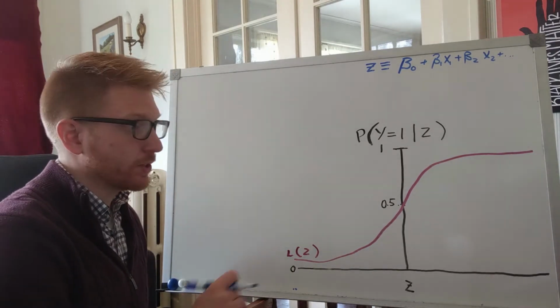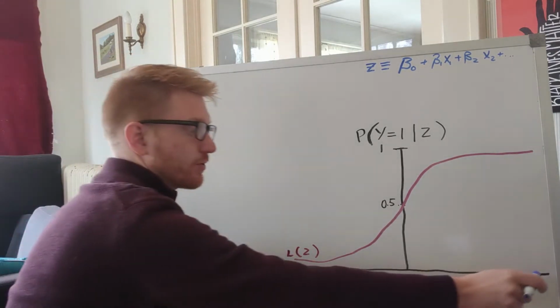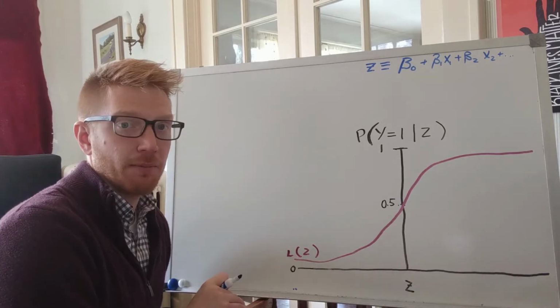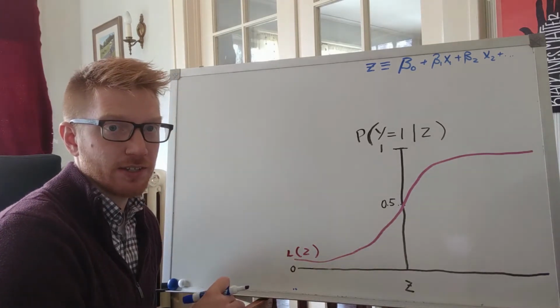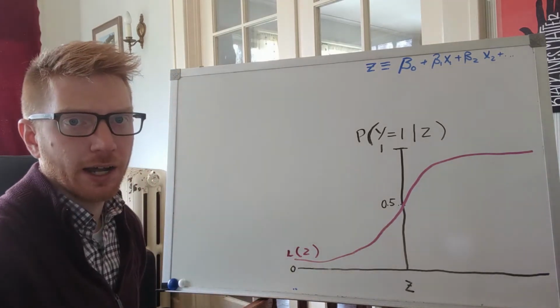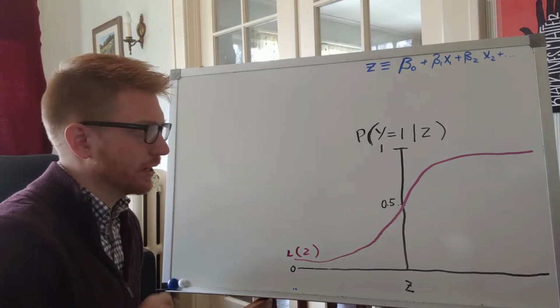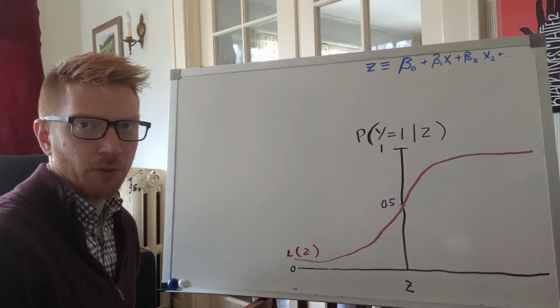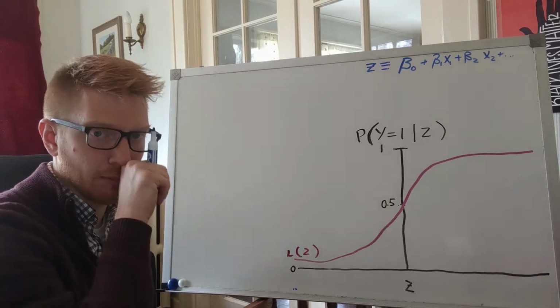What we're going to want to do is take our values for z and turn them into some sort of S shape. Now, in a separate lecture I might get into the technicalities of how that works and thinking about a latent variable approach.